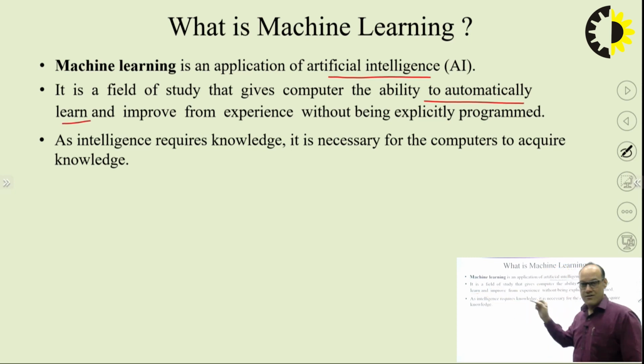As I have said, AI is a branch of science where these machines work as an intelligent system. So I have written here, the ability to automatically learn. As intelligence requires knowledge, it is necessary for computers to acquire knowledge. So we are giving intelligence to the machine, so that the machine is now going to predict.